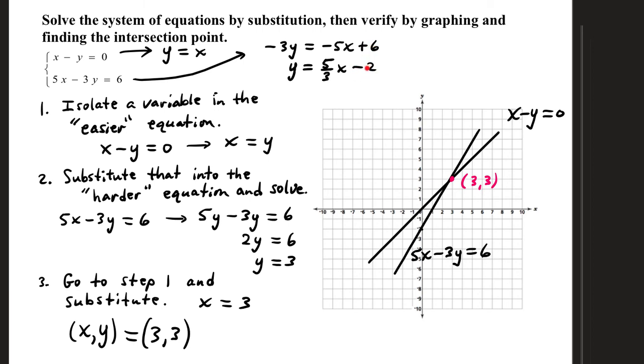So we have a y-intercept at negative 2 and a slope of positive 5/3. If we go up 5 over 3, that is the graph of the second equation. Our first one, y equals x, that's a line that goes through all points where the x and y coordinates are identical. So we have the graphs of both equations, and they do in fact intersect at 3, 3.